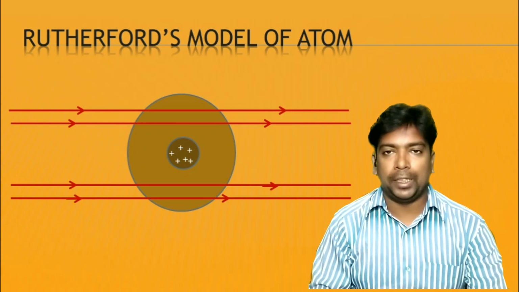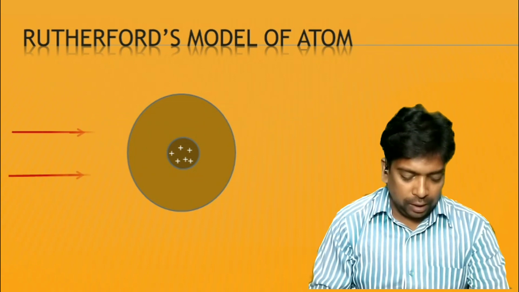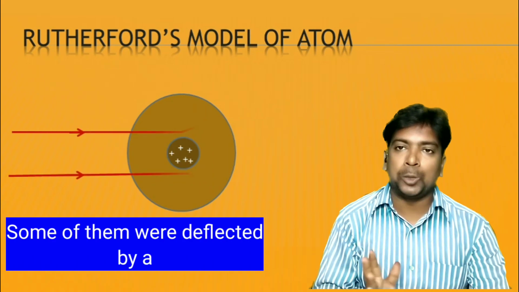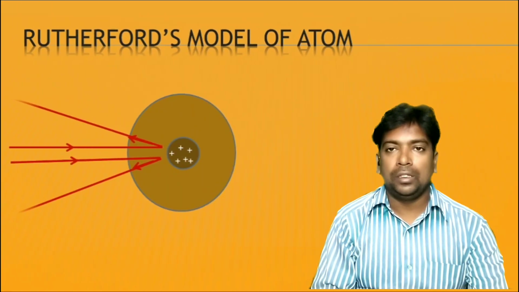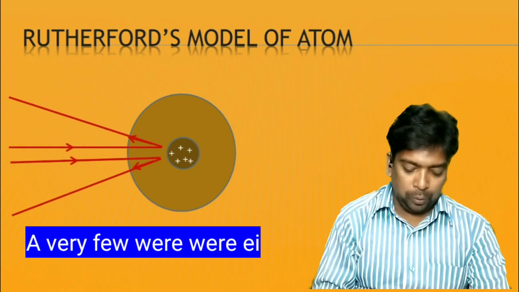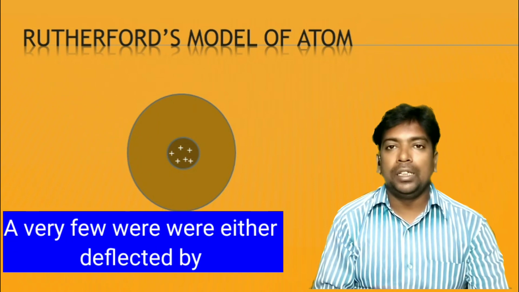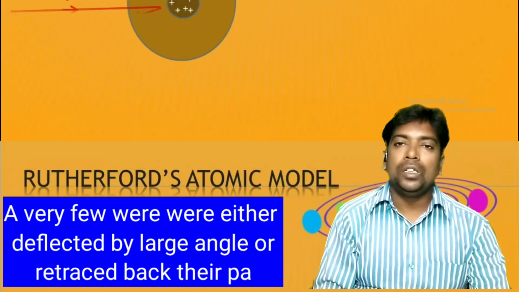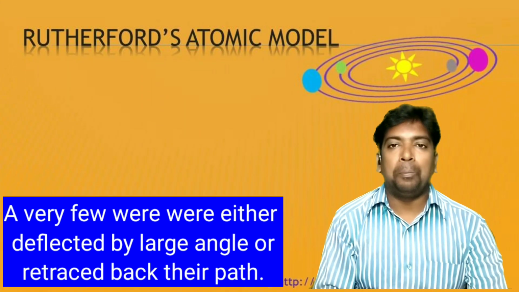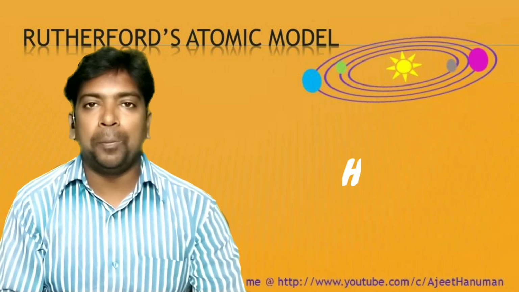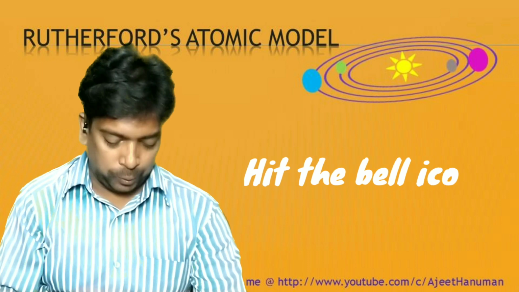Then some alpha particles were slightly deflected by a small angle, and a very few, nearly 1 in 10,000, were deflected by a large angle, or they retraced their path. So these were the 3 observations made by Lord Rutherford.